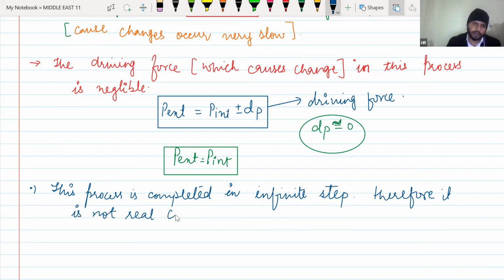It is a hypothetical concept. Is that clear, everyone? Yes, sir. So write it, and we will go to the next process, which is the irreversible process.